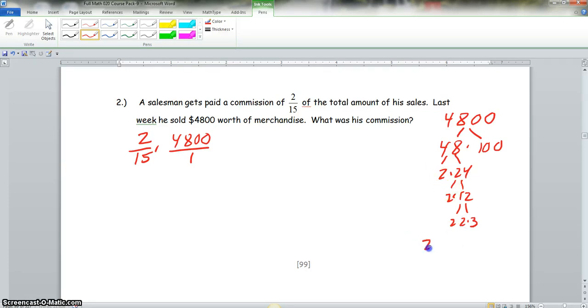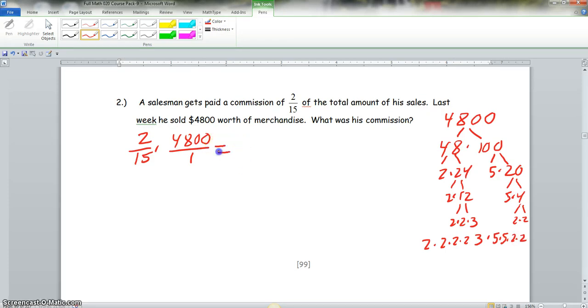So here we will have 4 2's and a 3. That'll take care of 48. Now 100. We know 5 times 20 is 100. 20 breaks down to 5 times 4, and 4 breaks down to 2 times 2. So that means we have 2 5's and 2 2's.